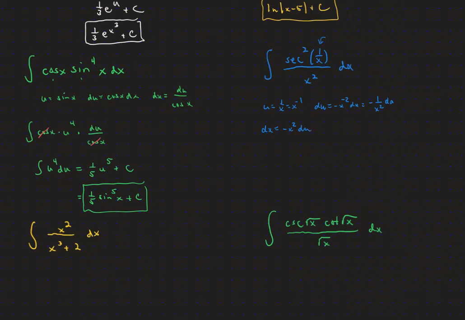Does that make sense? So our integral is going to become secant squared of u. There's our 1 over x. We're going to leave that x squared there for a moment, but when we replace the dx by a negative x squared du, we can see that this is just what we needed, because it's going to account for that extra x squared we had in the denominator.